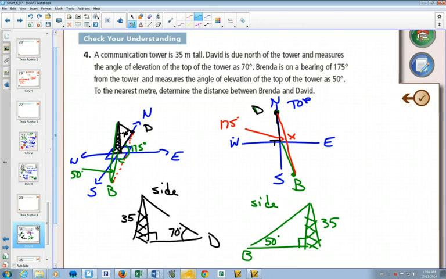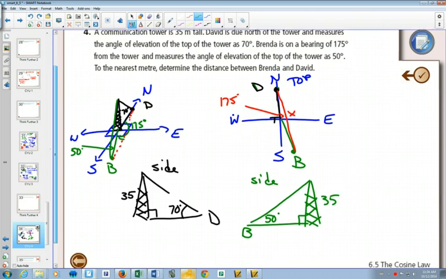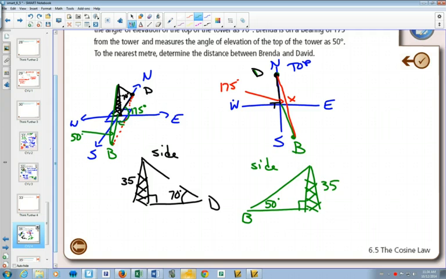I can use SOHCAHTOA. We could solve the entire triangle, but there's going to be important information from this. What is the important thing we want to find in the black triangle? The side down here.